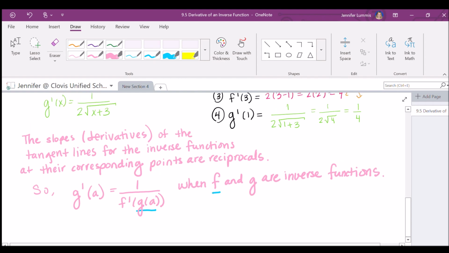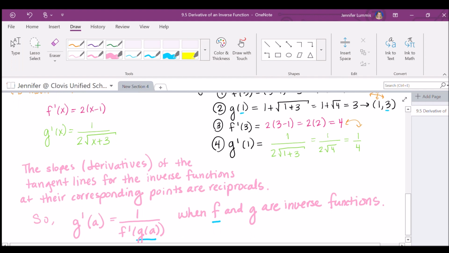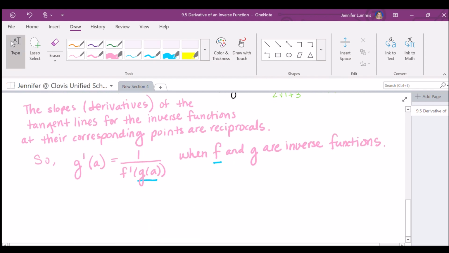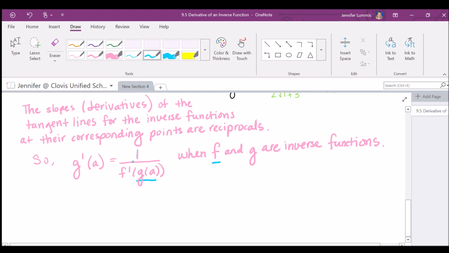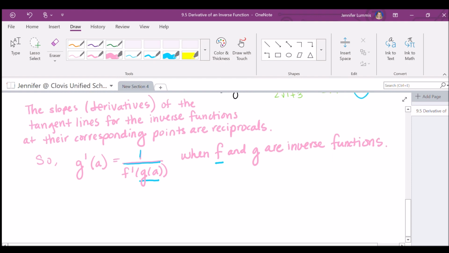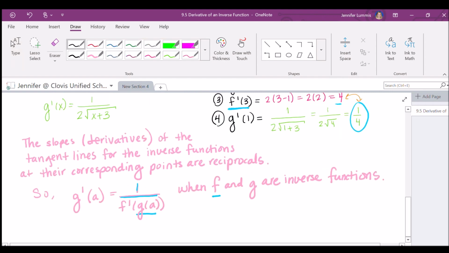So that's what we had here. g of 1 was 3, and then f prime at 3 was 4, and this became 1 divided by 4. That was the slope of the inverse function. So it's just a formula that we need to be able to use, and I'm going to walk you through an example of how to use it.